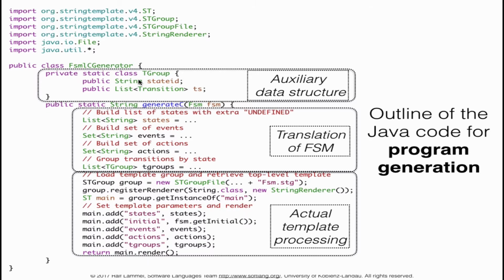A very simple class that we're going to use down here. And then we have some code that builds up the collection of states, events, actions, and groups of transitions. We look at this in detail in a second. And down here, we just have some boilerplate text that fills in the parameters and invokes the rendering process.